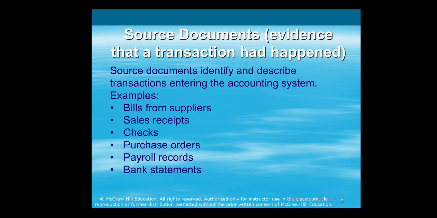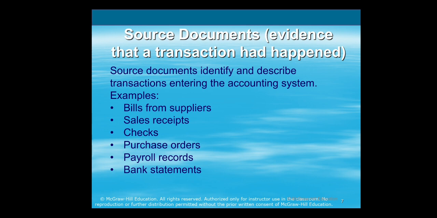For example, bills from suppliers, sales receipts, checks, purchase orders, payroll records, bank statements. I told you in the previous slide that a business will do many business transactions, and to know whether a transaction actually happened or not is by looking at the source document.